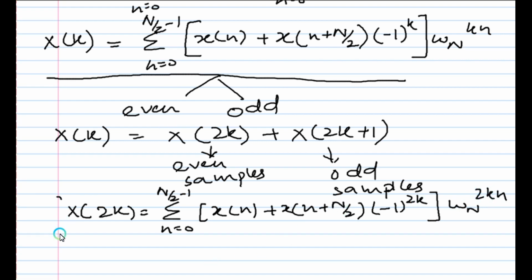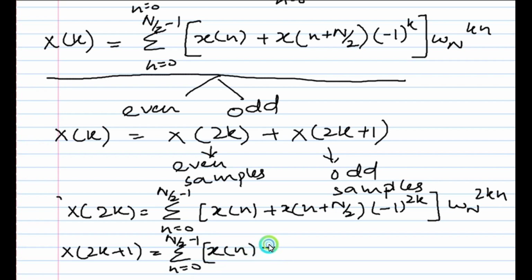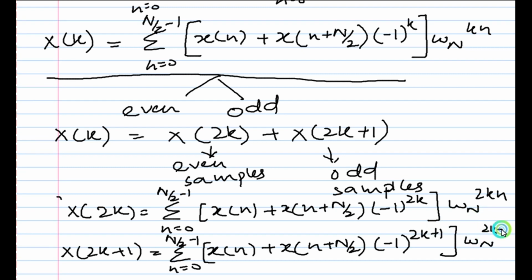The rest remains the same. Similarly, for x of 2k plus 1, we replace k with 2k plus 1. So x of 2k plus 1 becomes summation n running from 0 to N by 2 minus 1, of x of n plus x of n plus N by 2, then minus 1 raised to 2k plus 1, brackets close, W_N raised to 2k plus 1 multiplied by n.